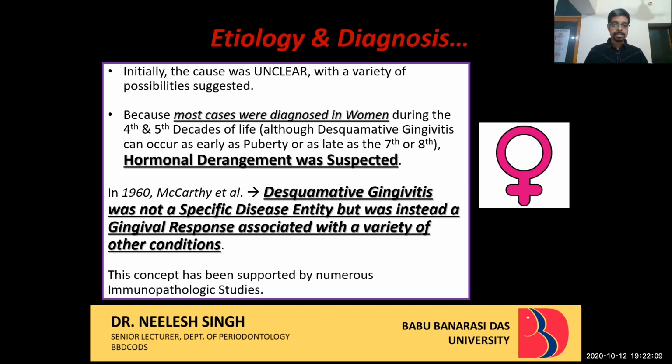In 1960, McCarthy et al. told that desquamative gingivitis was not a specific disease entity, but instead a gingival response associated with a variety of other disease conditions. This concept was supported by numerous immunological studies. These immunological studies, I will explain later on.